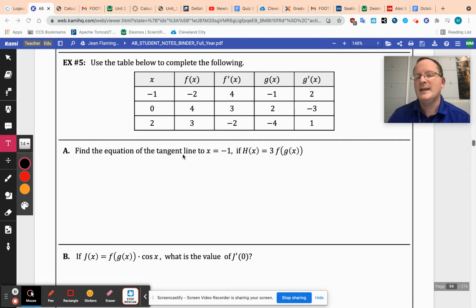Find the equation of the tangent line to x equals -1 if h of x equals 3 times f of g of x.